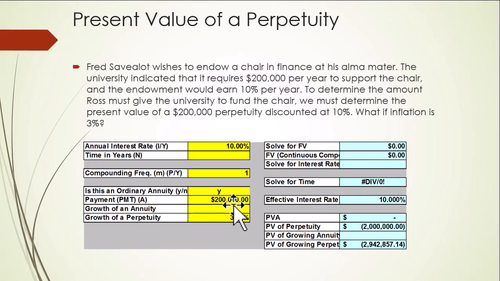So as long as you earn 10%, you'll always get $200,000 in revenue, and that's the contribution to the university. If we included inflation, though, they would need to contribute $2.9 million in order to cover the cash flow of $200,000 growing at 3% per year.